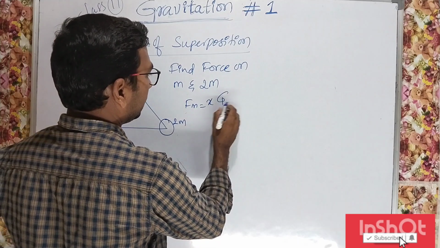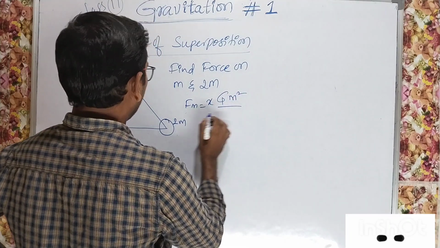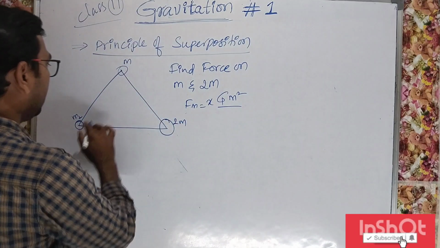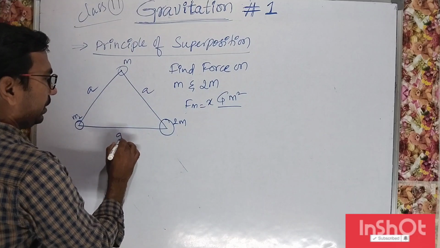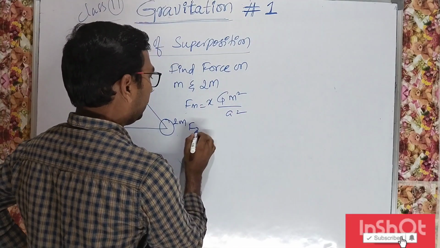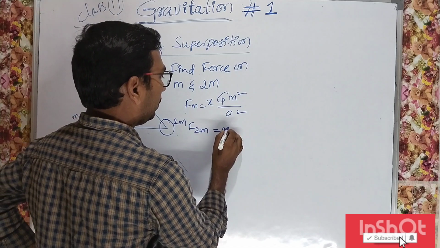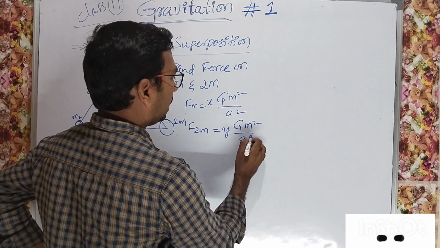Fm is equal to X capital G M square by A square, where the distance between two masses I will consider as A. And F2m is equal to Y capital G M square by A square.